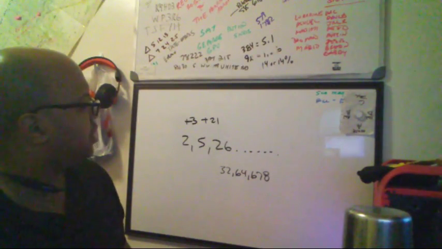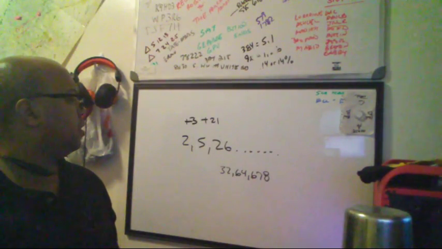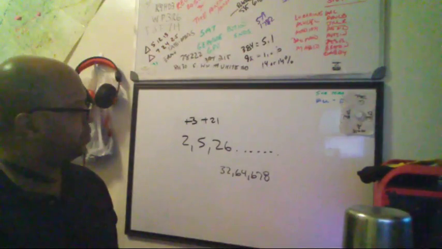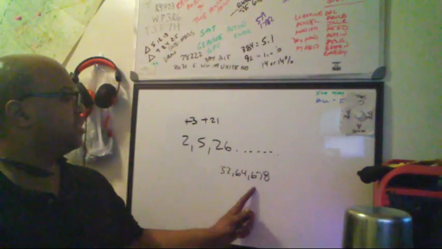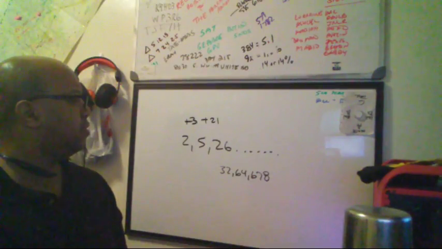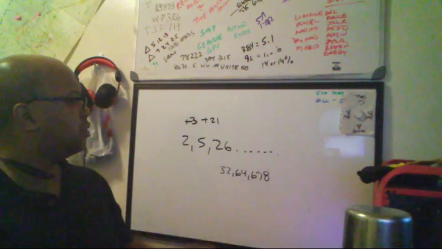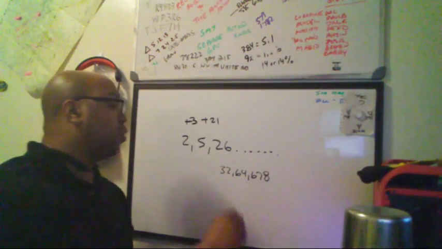And as far as a geometric sequence, we jump 3, 7. If I had to take a stab, I think 678 is way too far out, because we have a 3, then a 21, and then now 26. 32 is too close. So I would go with 64.